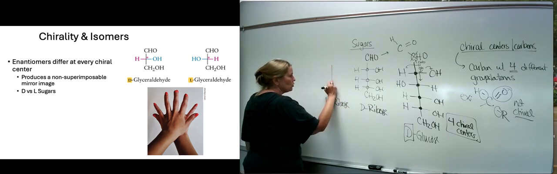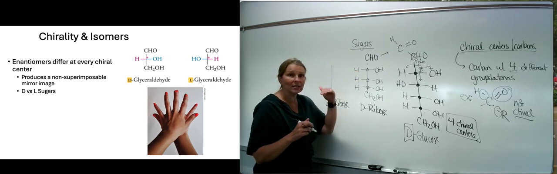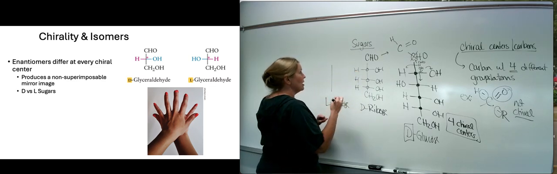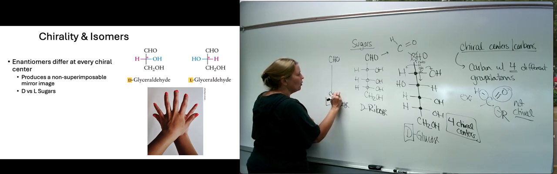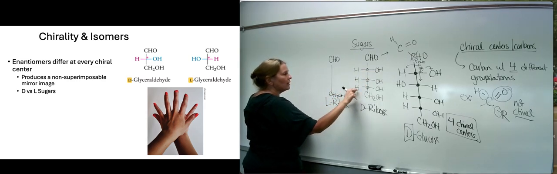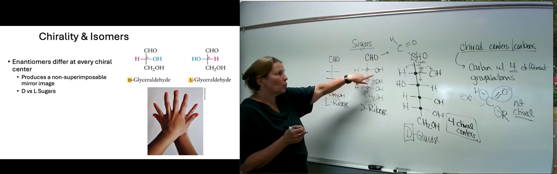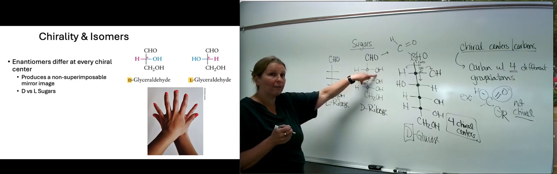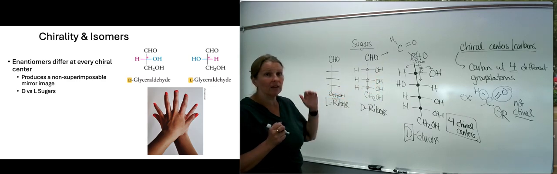So we can draw our straight line, and we know that the top and the bottom carbons are not chiral, so they stay the same. We're going to draw CHO and then CH2OH. And we have 3 lines for 3 chiral centers, and all that we do now is we switch these positions. We switch left from right and right from left. So here the OHs are always on the right.